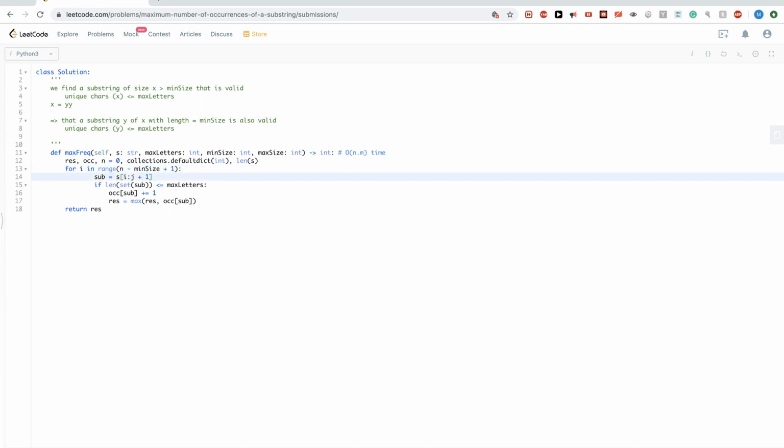And now our substring, instead of j, would be just i plus min size, since we know that if there is a solution that has the maximum occurrences, it must have size at least min size. So we can just do it this way, and now just check if it's valid, and that would be enough, right?